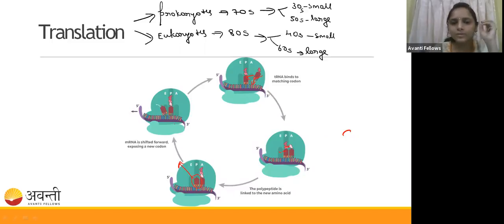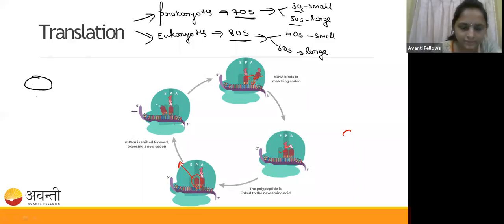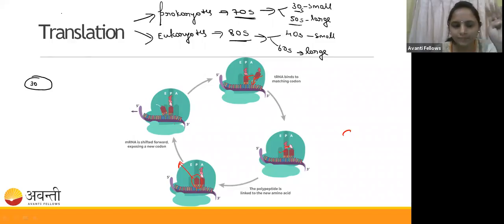Whenever no translation is taking place in the cell, the subunits are not combined like the 70S or the 80S. They are individual, like 30S and 50S. So what happens during translation, guys? This is the cytoplasm, this white color. This 30S subunit has three sites, right?